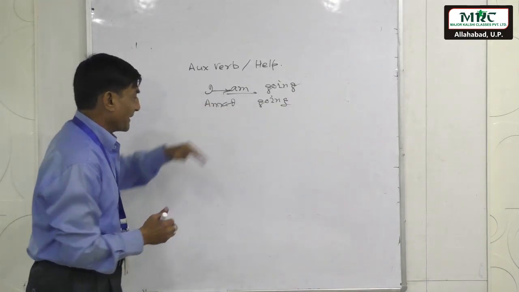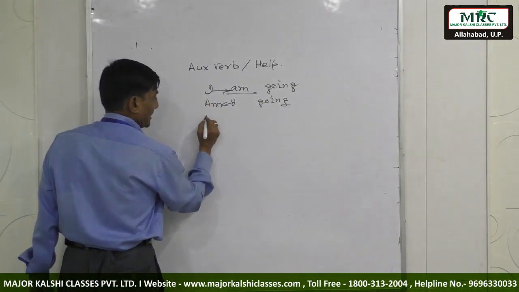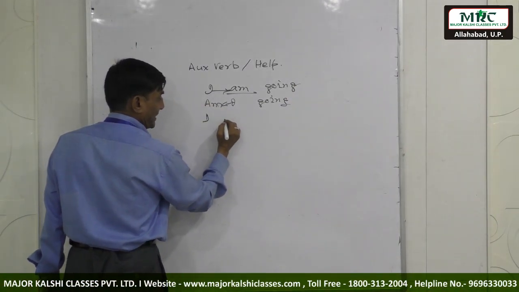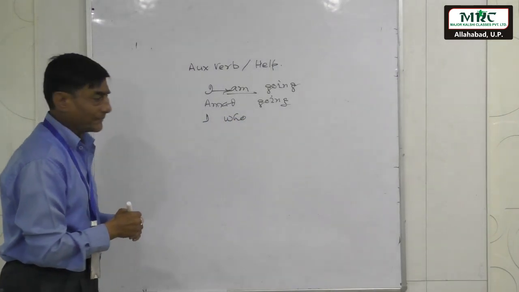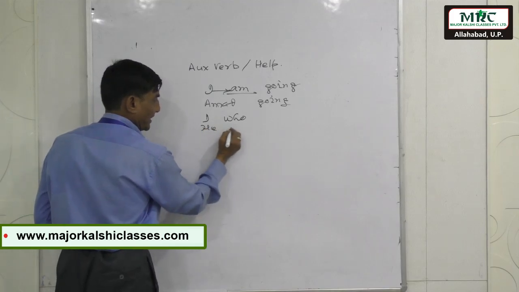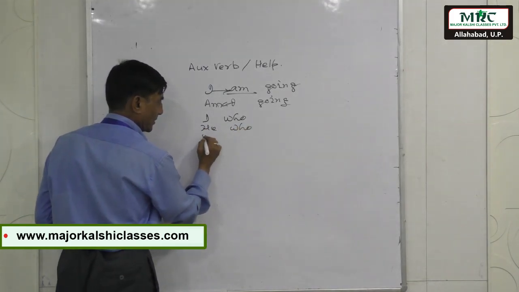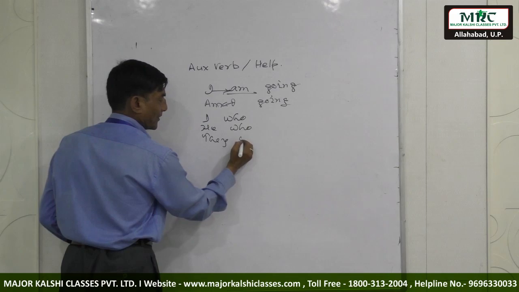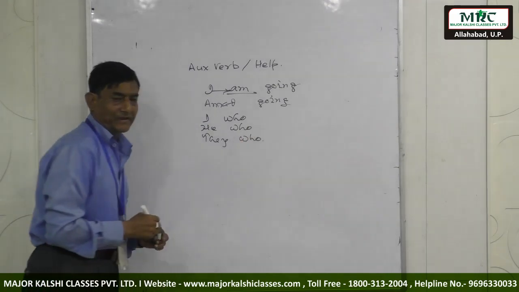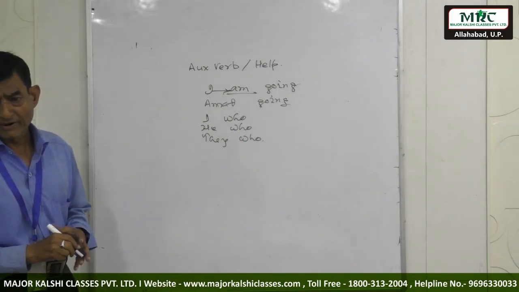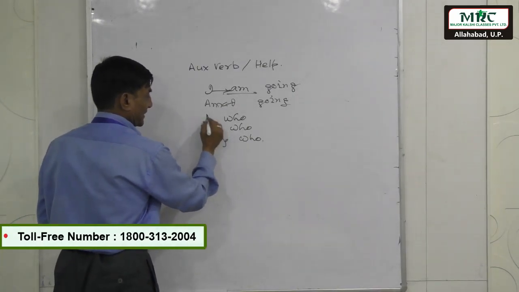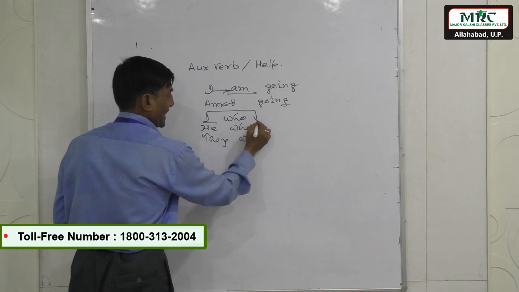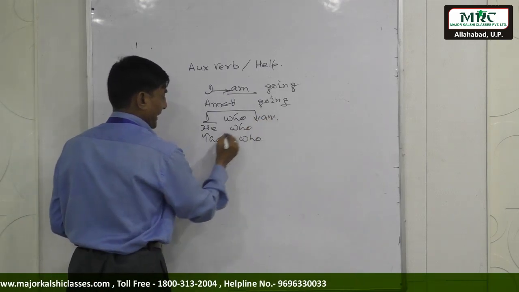One particular example of this is when I, who is used. Sometimes he, who, they, who. In such cases, one has to take care that whatever the subject is here, the verb of that comes here. That means am.